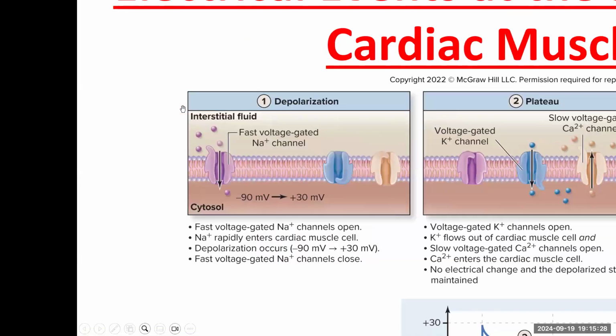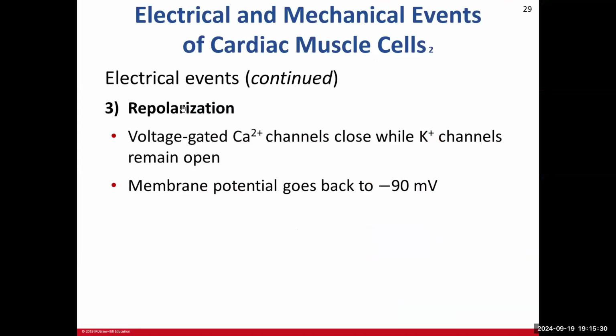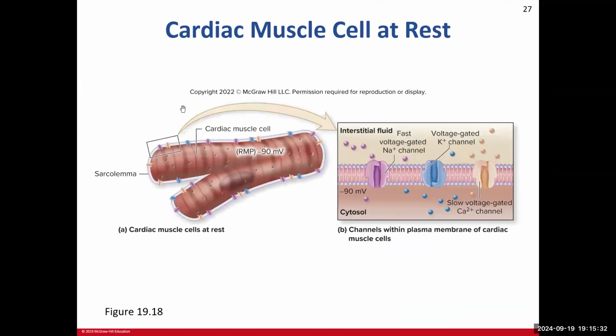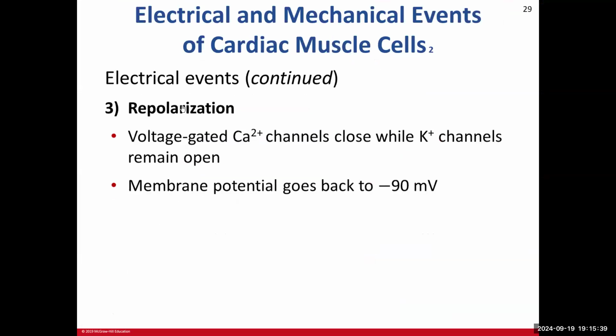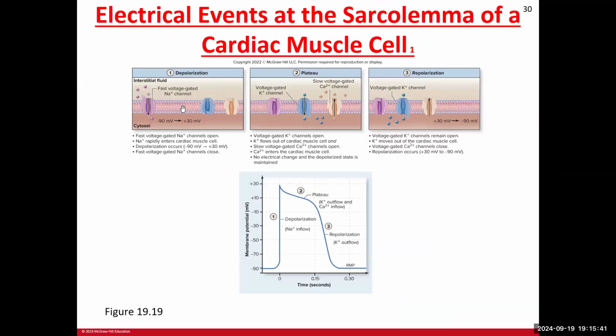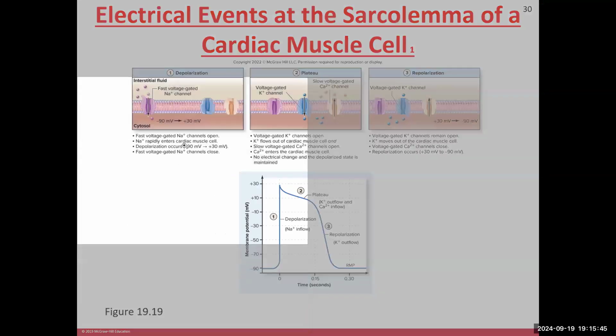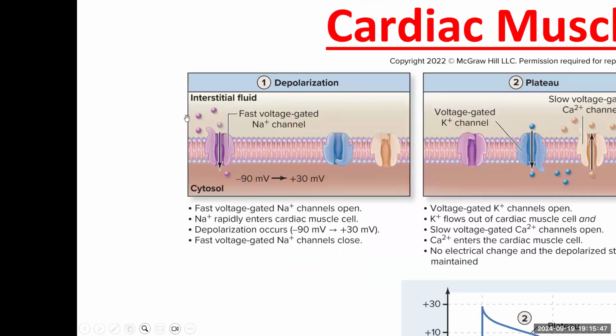All right, depolarization, just to review. All the gates are closed right at rest, right? And our resting membrane potential is -90. Okay, so now we get that electrical signal that depolarization is occurring. Our action potential comes in, and that action potential then triggers the opening of the fast voltage-gated channel.